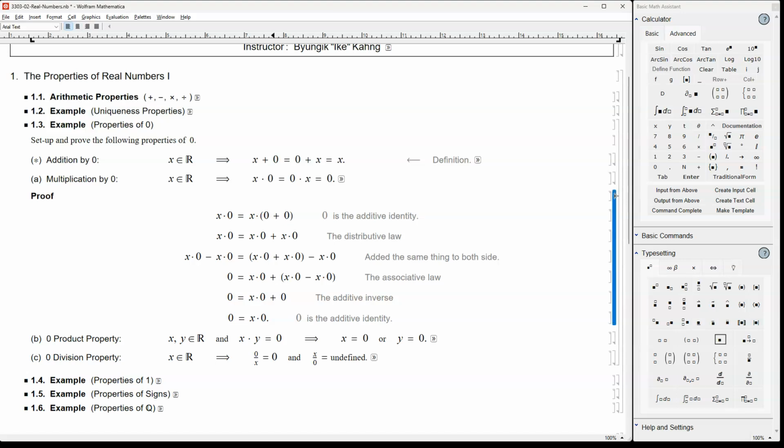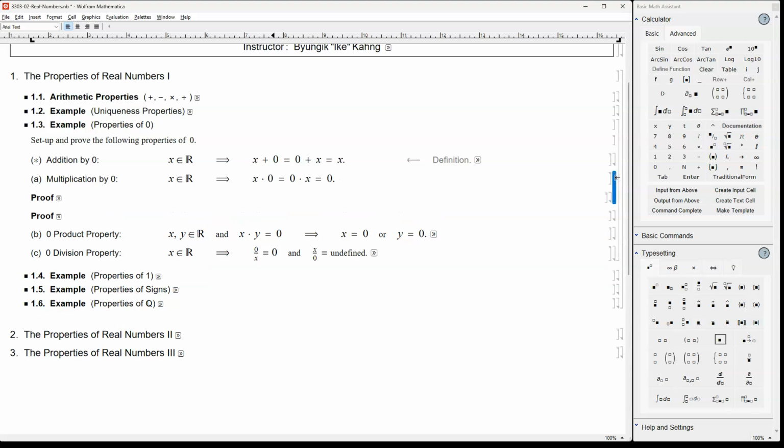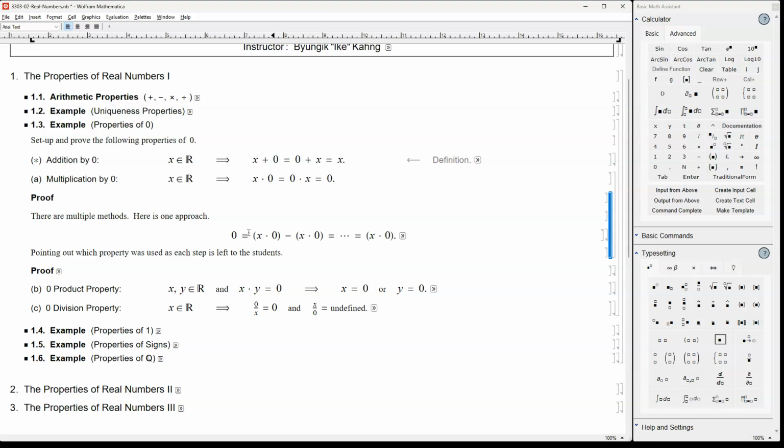And by the way, in this notebook, there is a simplified version. So starting from 0, work out, work out, work out, and then I wanted to get x times 0. So working backward. So how do you do that? X times 0 minus x times 0, that is adding the additive inverse.